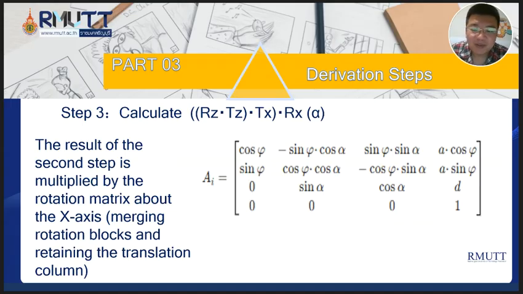Step 3, the complex part: RX alpha equals RZ phi, TZ D, TX A, RX alpha. This is the course of the steps.